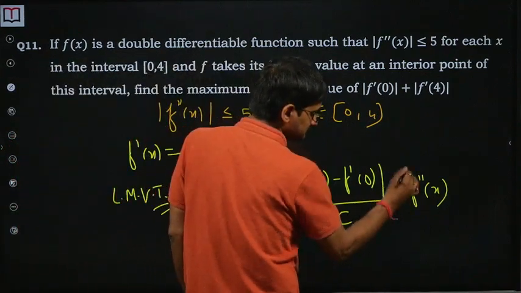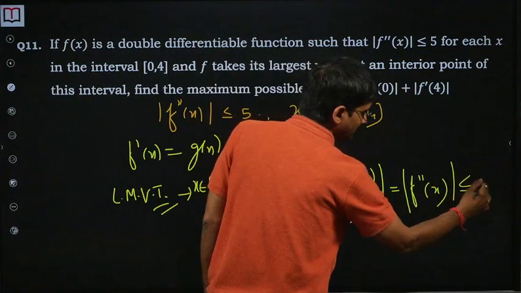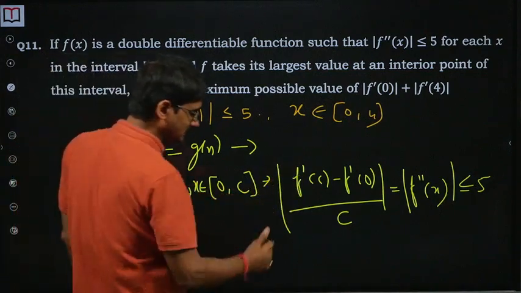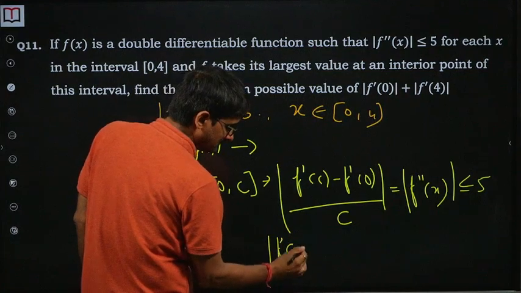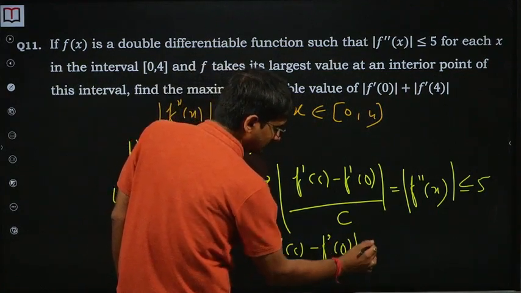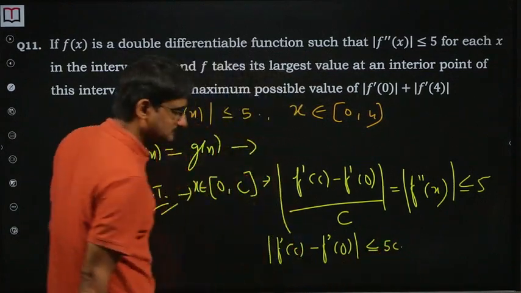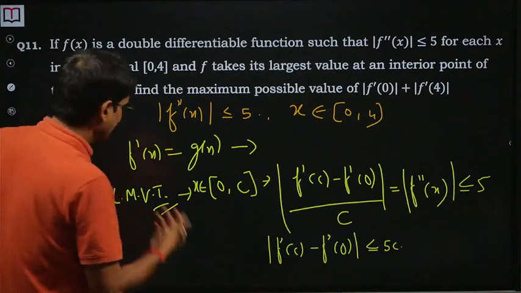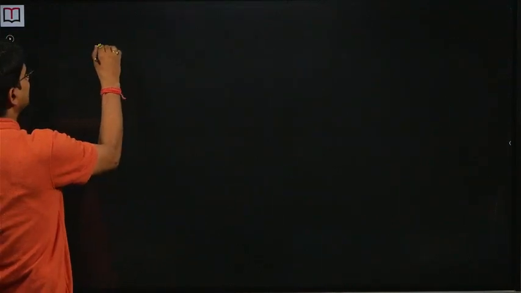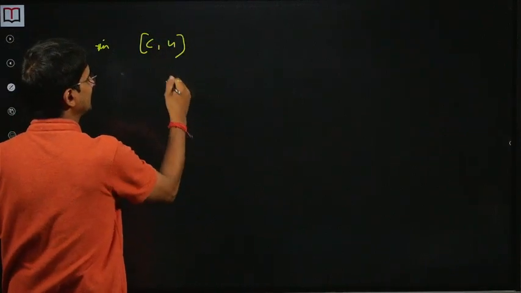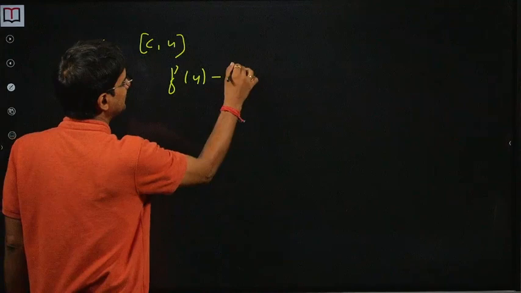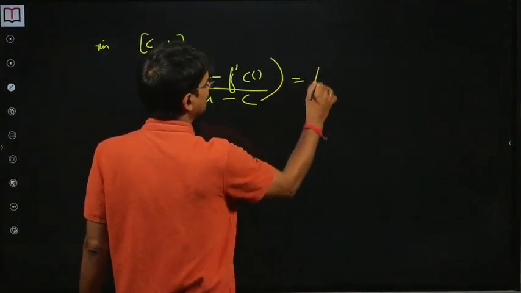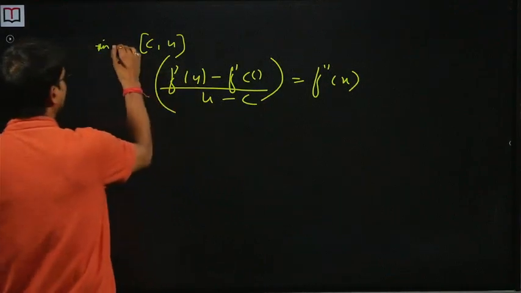Now if I take mod, this is less than or equal to 5. C is positive, so I can take it that side. The problem will be, again, how to separate it. Now if I apply the same LMVT in the interval c to 4, it will be f dash 4 minus f dash c upon 4 minus c is equal to, again, f double dash x, x belongs to this.